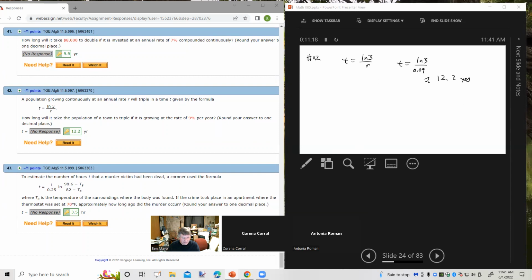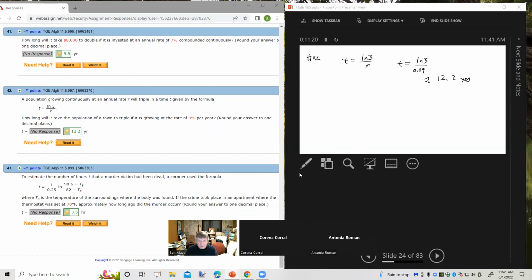Good to go with that? Yes. All right, and finally, 43. To estimate the number of hours that a murder victim has been dead, a coroner used the formula T equals 1 over 0.25 times the natural log of 98.6 minus T sub S over 82 minus T sub S, where T sub S is the temperature of the surroundings where the body was found.